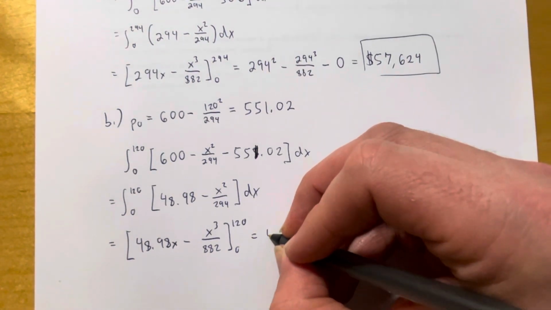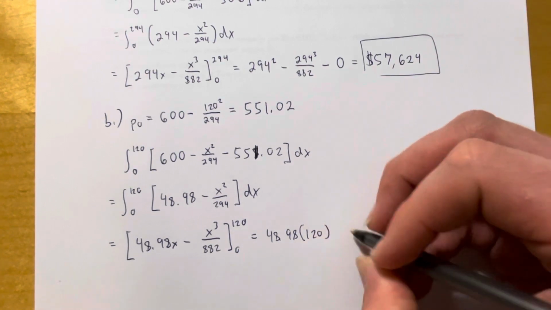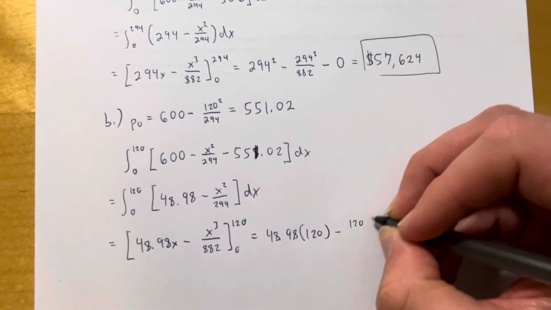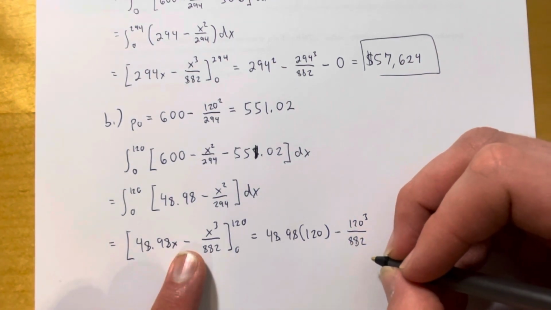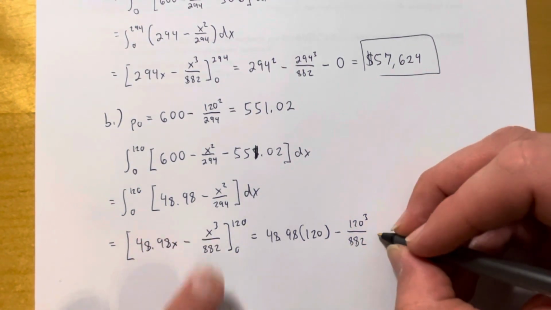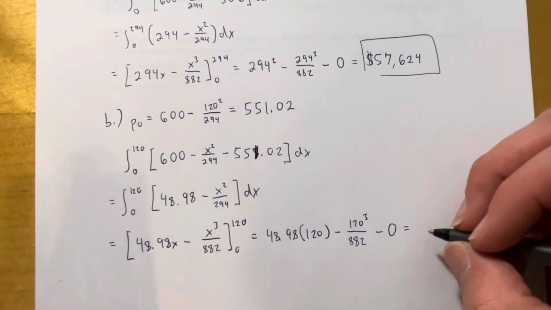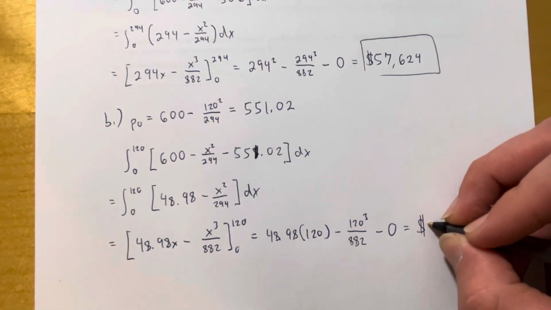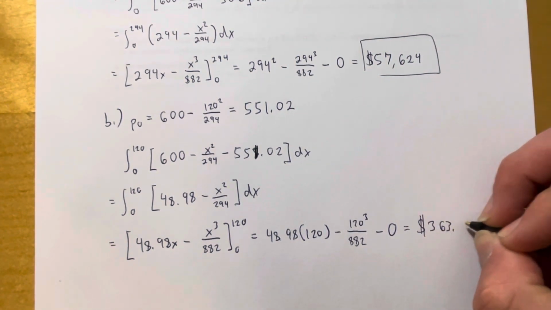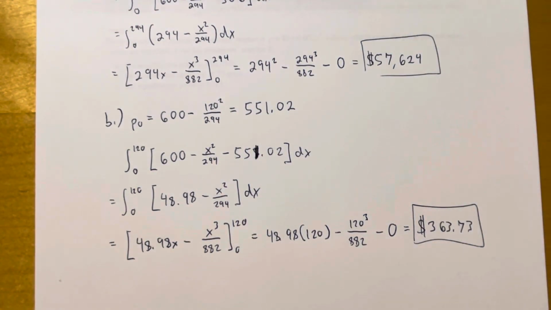This is equal to 48.98 times 120 minus 120 cubed over 882 minus, when I plug a 0 in, everything goes to 0. This, again, you're going to need to round, but it's fine because it's not an application problem. This represents dollars and cents. We get 363.73. Okay, that's consumer surplus for this one.